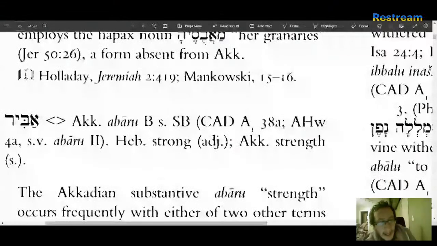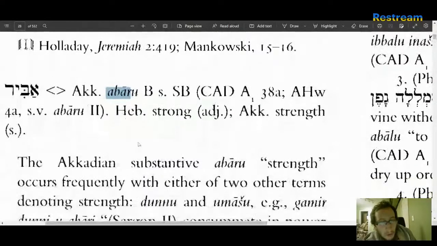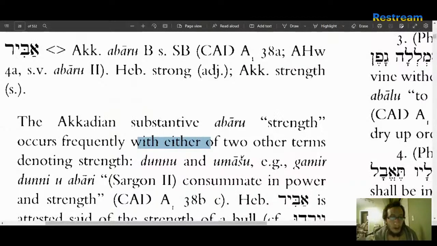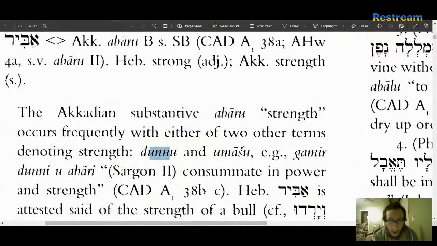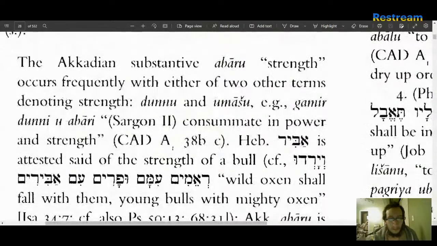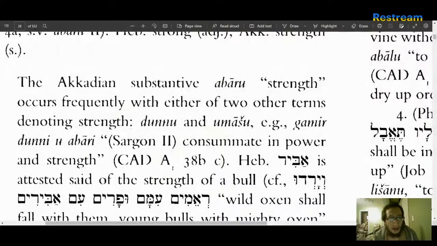But now we'll go to the Akkadian dictionary. So here we have the Akkadian Abaru, Hebrew strong, Akkadian means strength. So the Akkadian substantive Abaru, strength, occurs frequently with either of two other terms denoting strength, Danu and Umasu. So, for example, Gamer Duni u Abari: consummate in power and strength.